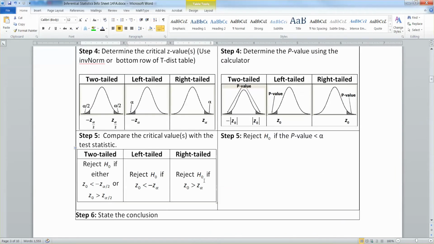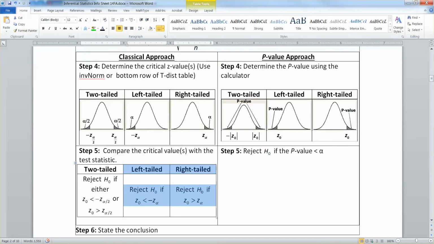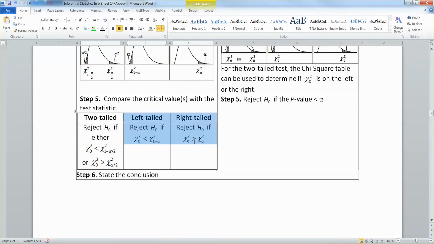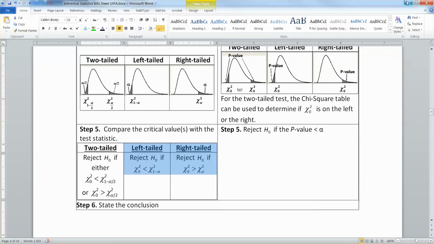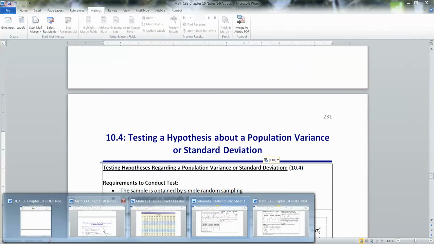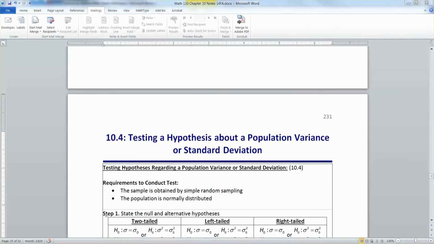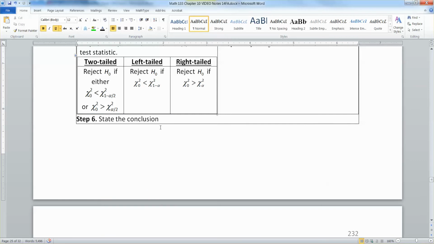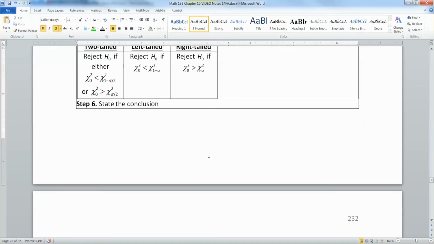The test for the proportions involves z values. The test for variance or standard deviation, however, involves chi-square values. So three different distributions for three different kinds of tests. And then we'll state our conclusion just like we always have. There is sufficient evidence, there is not sufficient evidence, etc.